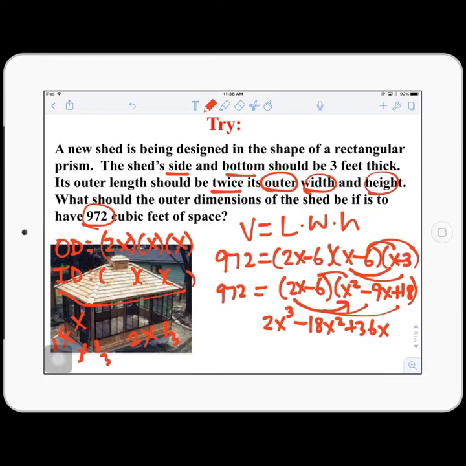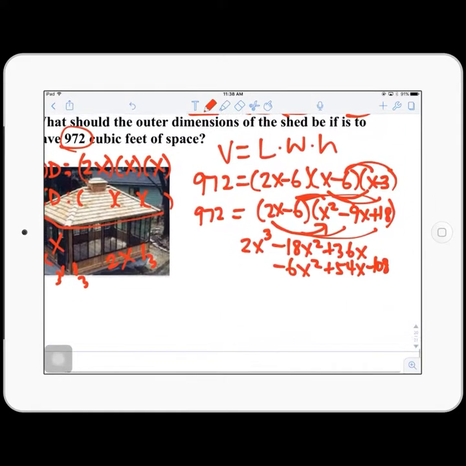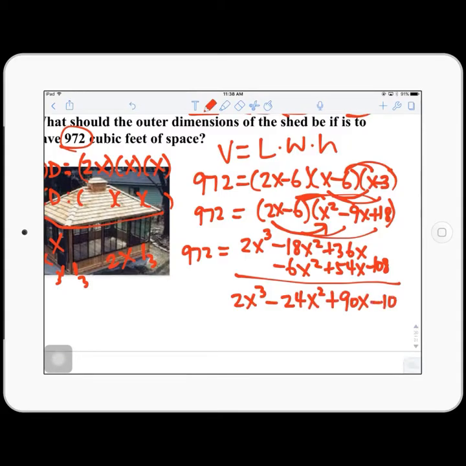And then the second set of terms will give us negative 6x squared plus 54x and minus 108. And then we need to bring down still the 972. And combining all of these terms on the right, I have 2x cubed minus 24x squared plus 90x minus 108. And we still have the 972.